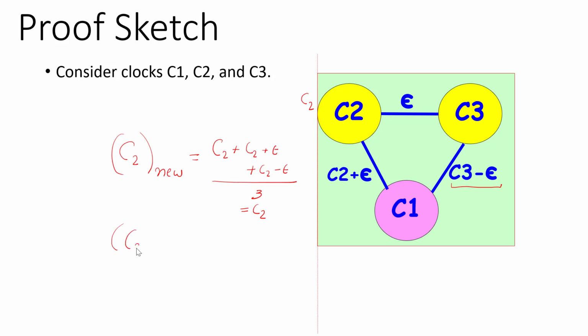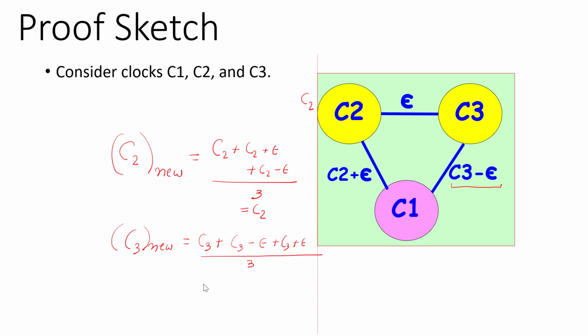But now consider C3. C3's time will of course be equal to C3 plus the time that C1 sends, which is C3 minus epsilon, plus the time that C2 sends, which is C3 plus epsilon. So again, epsilon and epsilon cancel out.